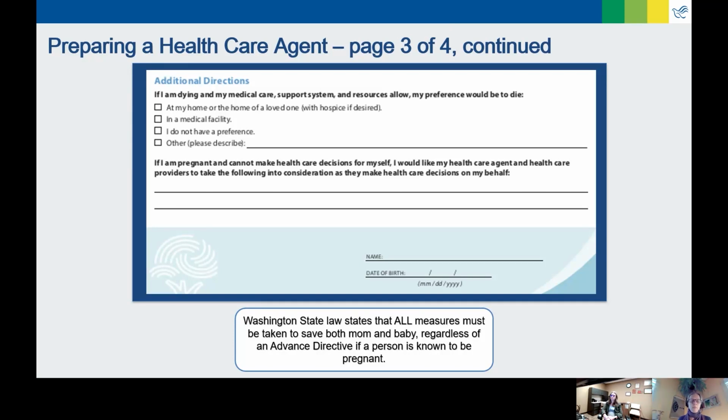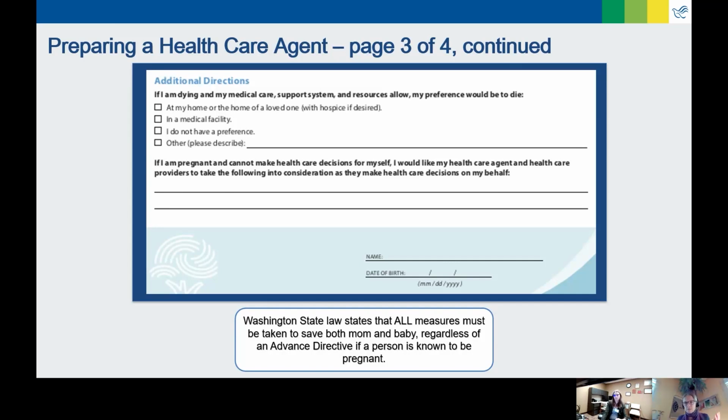If you have a strong opinion about not having hospice involved, feel free to write that in there. Would you rather complete your living experience and go through your dying experience in a medical facility? So if some people feel strongly they would not want to die at home and they would want to be surrounded by medical personnel and have that level of support, you can choose that.